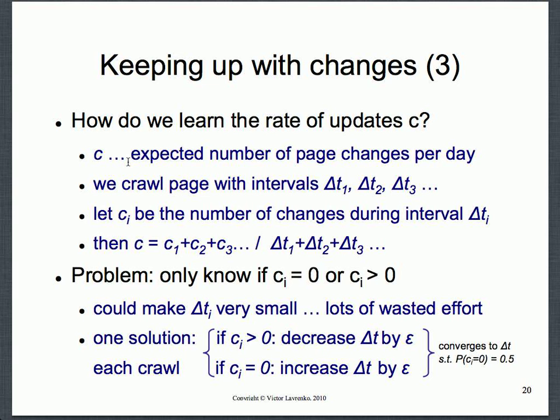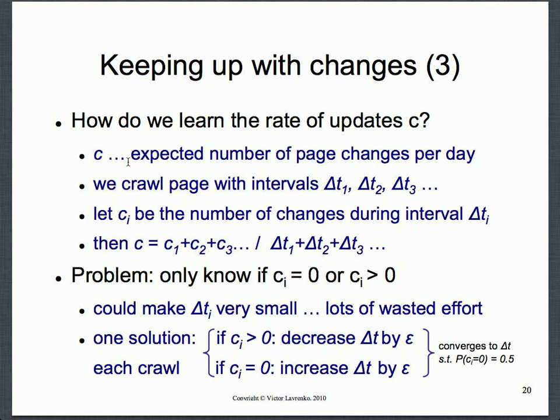You could do it, a better way would be to do it adaptively, right? So what's a way to do it adaptively? You set your delta t to some value, and then every time you crawl a page, if the page has changed since your last crawl, you make delta t a little bit smaller, right? And if it hasn't changed, you make delta t a little bit larger.